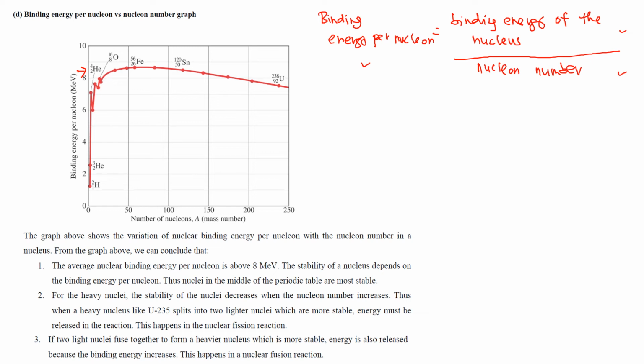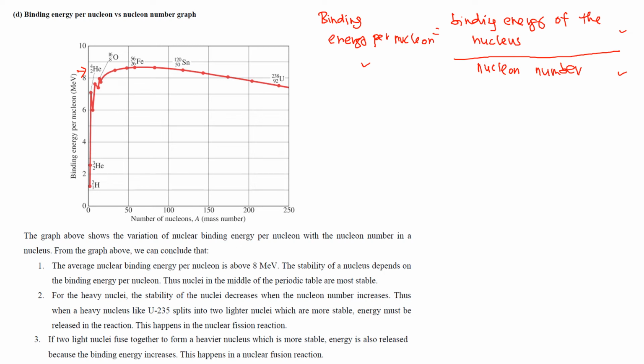The stability of the nucleus depends on the value of binding energy per nucleon. Thus nuclei in the middle of the periodic table are more stable, the elements in the middle are all stable.